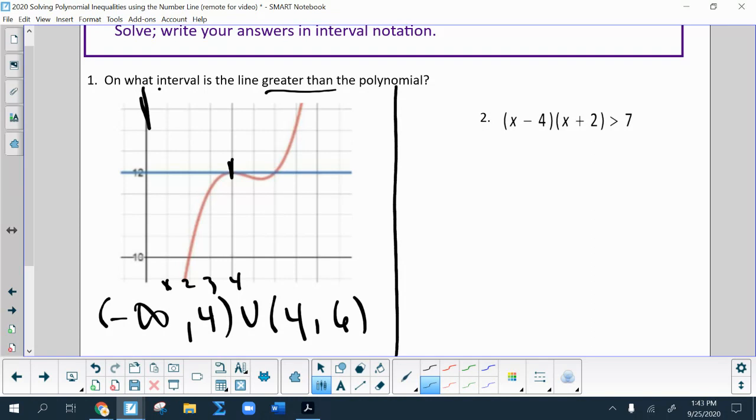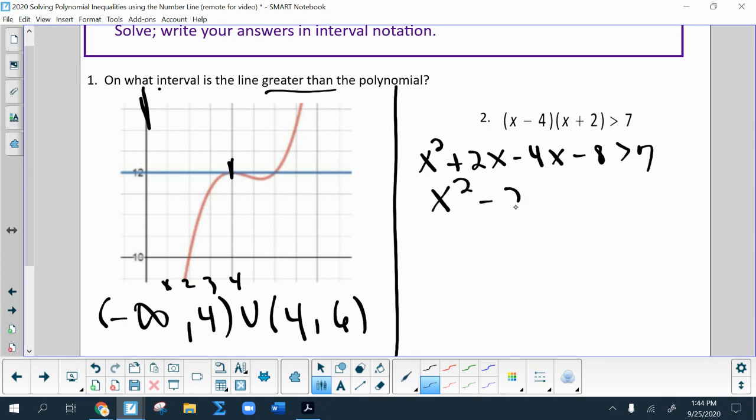Okay, so now we're going to do this problem here, but the difficulty with this problem is that it is not with a 0 on the right-hand side. So you can't use the number line method when it's written in this format. Instead, you have to square it, FOIL it. So we've got x squared plus 2x minus 4x minus 8 greater than 7.